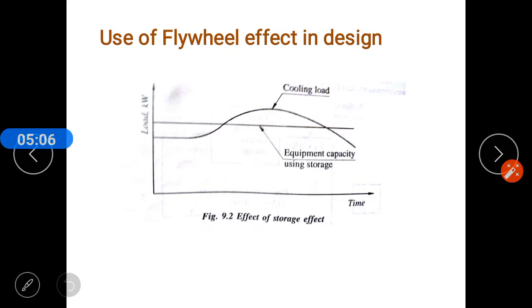Next is the use of flywheel effect in design consideration, or use of storage effect. As discussed in the previous article, every structure is capable of absorbing and retaining heat striking on it. It takes comparatively long time for heat to penetrate inside the surface of the wall and roof.